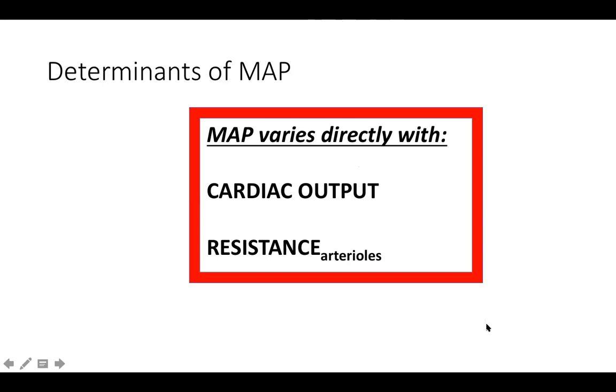And now you're really screaming at your screen because maybe you don't want to talk about math. I want to show you that mean arterial pressure varying directly with cardiac output and resistance in the arterioles is actually a sound mathematical relationship. So I'm going to share my little whiteboard with you, and we're going to talk about this.